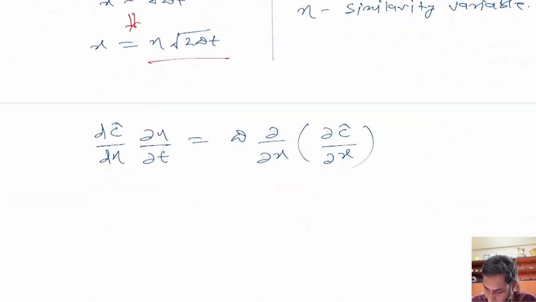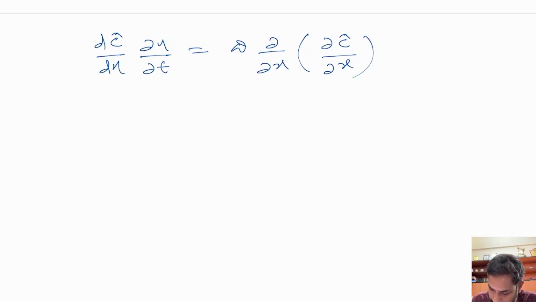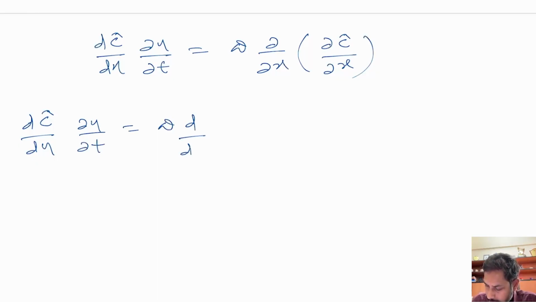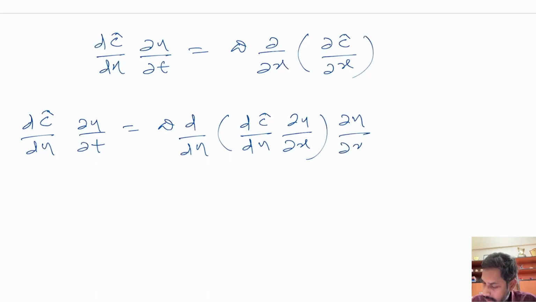So this equation will become dc hat by d eta times d eta over dt is equal to d over d eta of dc hat over d eta times d eta by dx, d eta by dx.